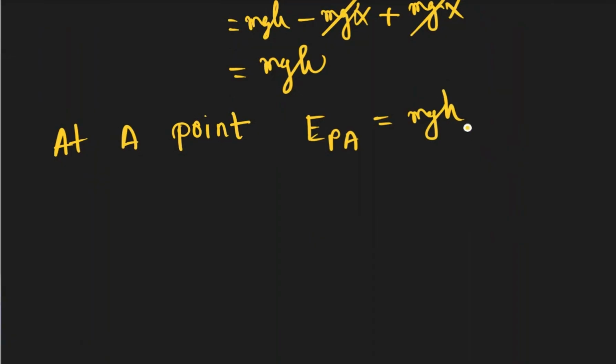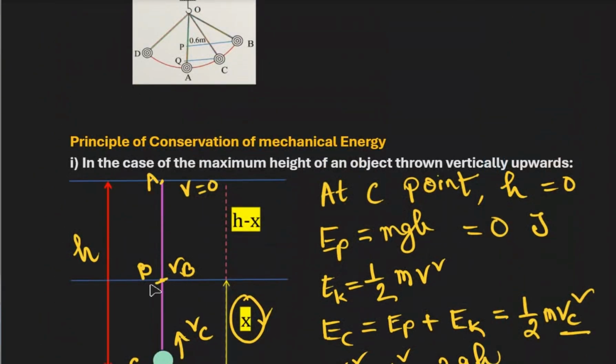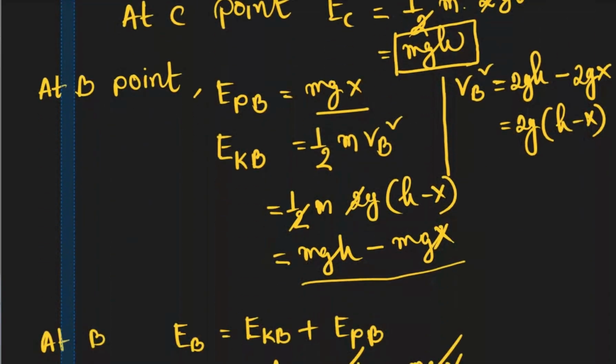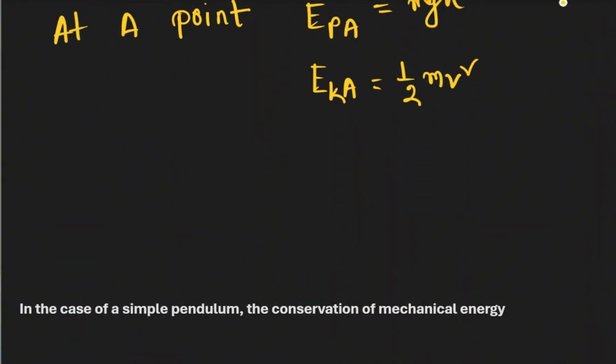The kinetic energy EKA is equal to half mv square. Remember the velocity at point A is 0, so there is no velocity. In that case it will be 0.